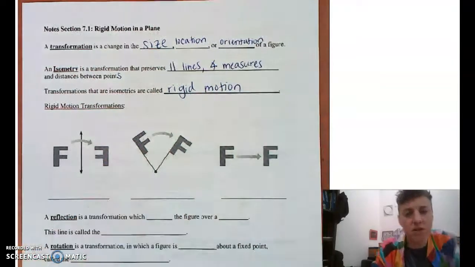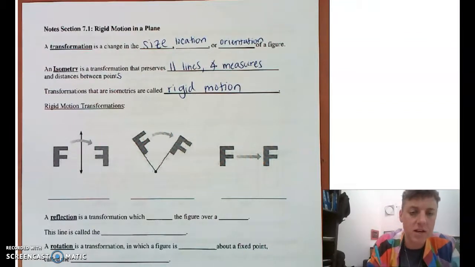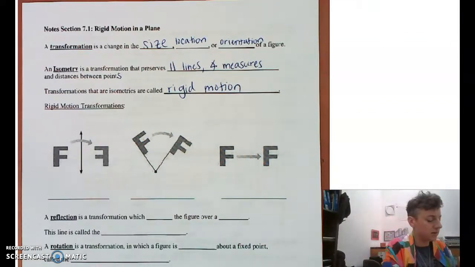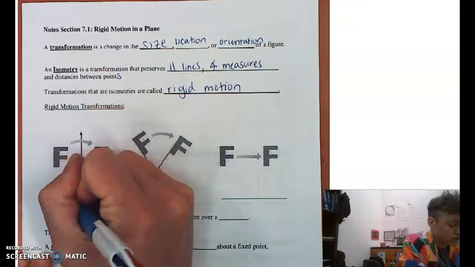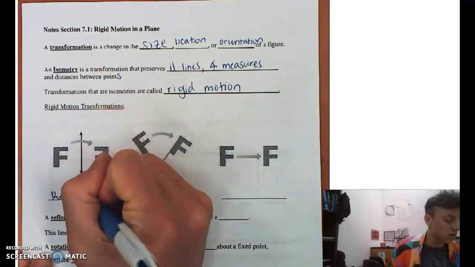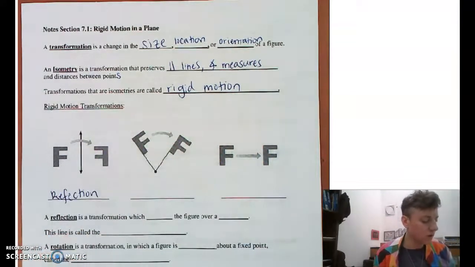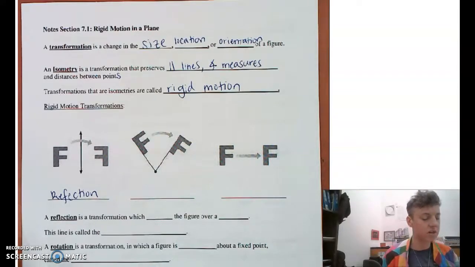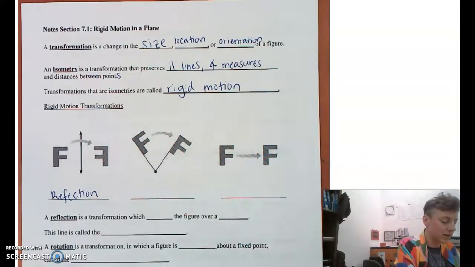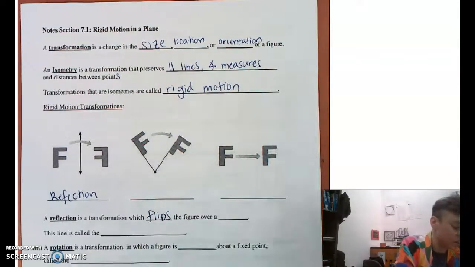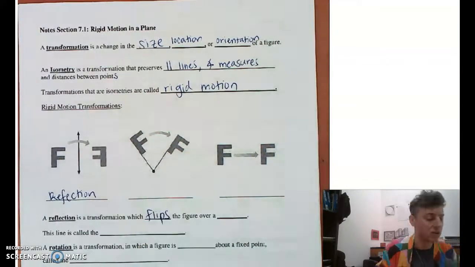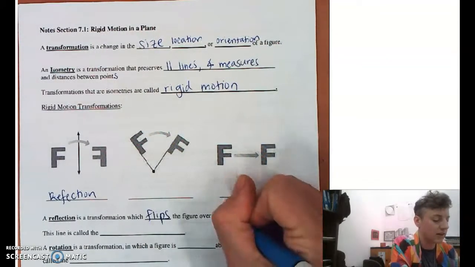Alright, there are three types of rigid motion we're going to talk about today. We've got a reflection, which is a transformation which flips the figure over a line.